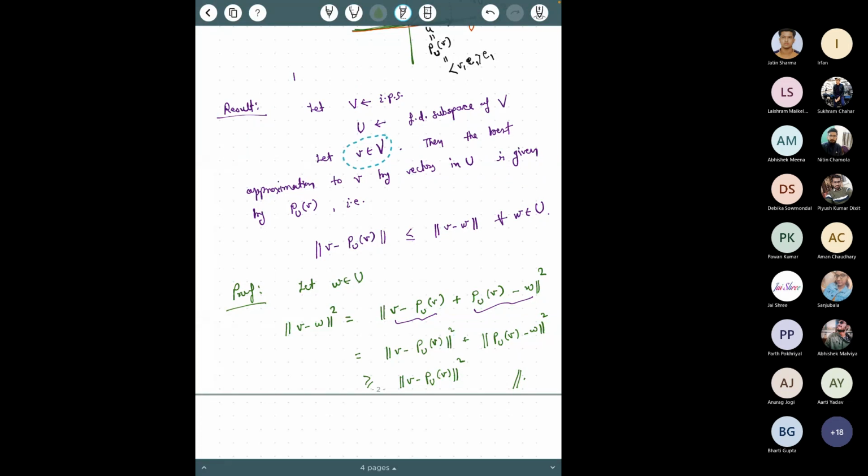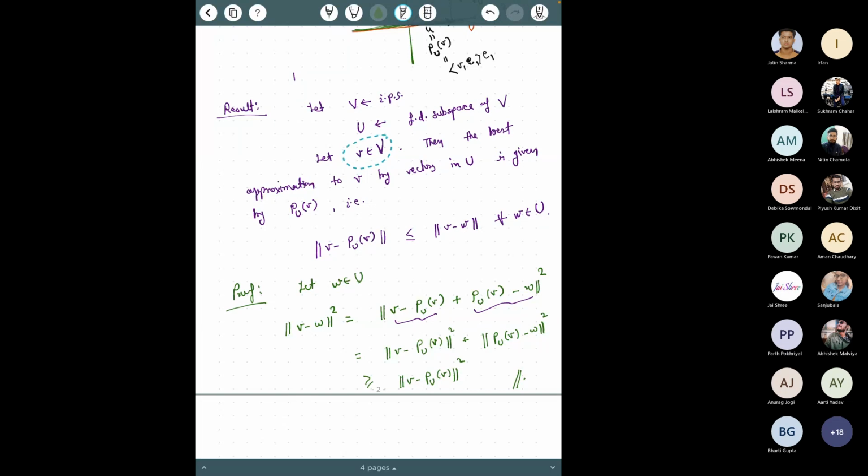Suppose the vector which I am starting with belongs to U itself, and now I am looking for the nearest vector in U to this vector v, what would be that vector in U? It will be v itself, because the distance is 0. Yeah. So now you can use this result in solving this thing.